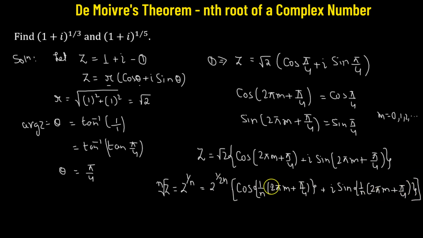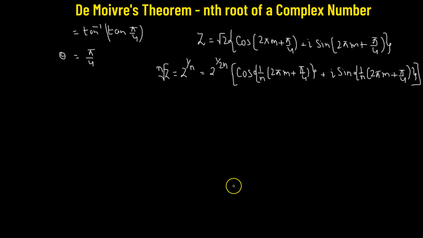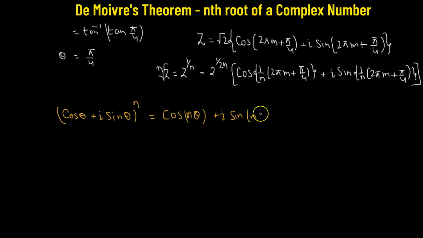Here what we have done is use De Moivre's theorem. De Moivre's theorem states that whenever we have cosine theta plus iota times sine theta raised to the power of n, that equals cosine of n theta plus iota times sine of n theta. In our case, we have multiplied by 1 over n because that was the power of the complex number z. Now that we have the general form, let's rewrite it.